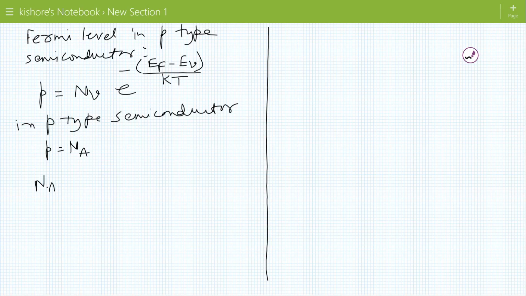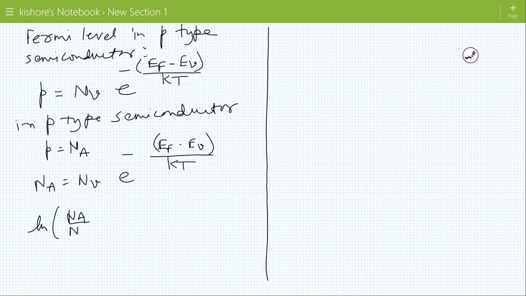So Na is Nv e to the power minus (Ef minus Ev) by kT. So the natural log of Na by Nv is minus (Ef minus Ev) by kT.